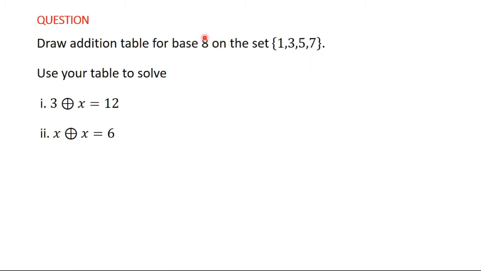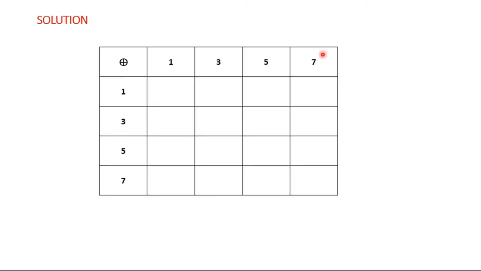If this set had not been there and the question tells us to draw addition table for base 8, then the set you will use will be 0, 1, 2, 3, 4, 5, 6, 7. But this time the question is telling us to draw the table on the set 1, 3, 5, 7. Don't forget that the addition is still in base 8. So we begin to do our addition.